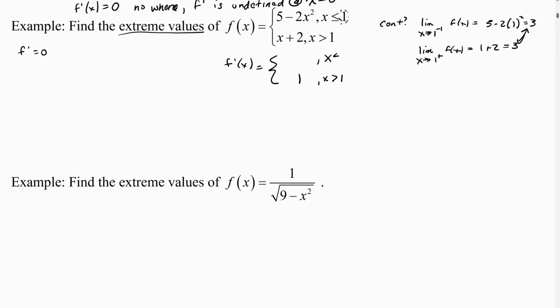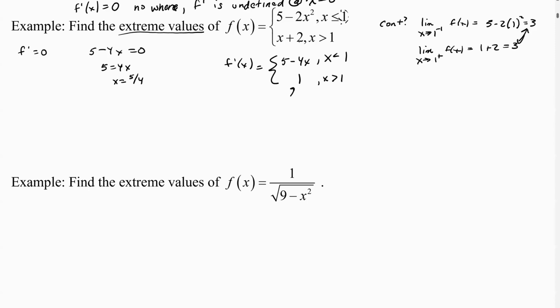When x is less than 1, this expression produces 5 minus 4x. I can clearly see for x greater than 1, there's no place where it's equal to 0. 5 minus 4x, when is it equal to 0? When 5 is equal to 4x, when x is equal to 5/4.